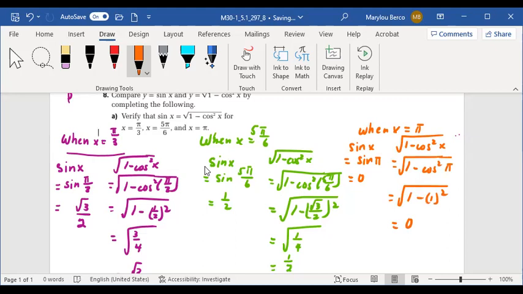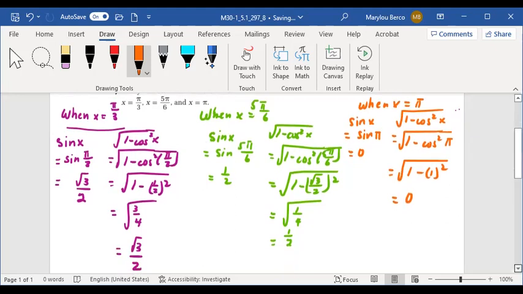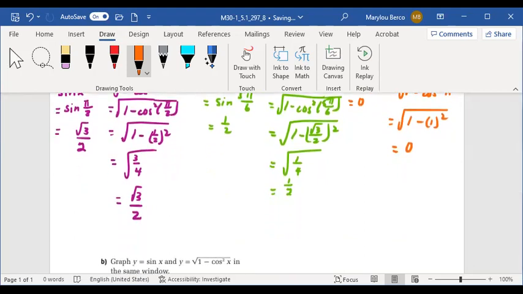So it holds true for pi. Holds true for all three. So verified for all three: pi over 3, 5 pi over 6 and pi.